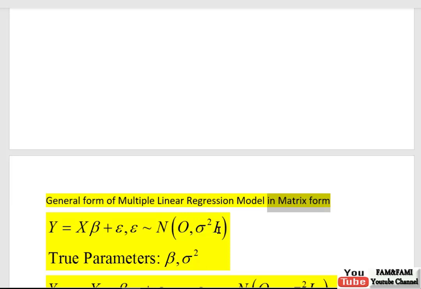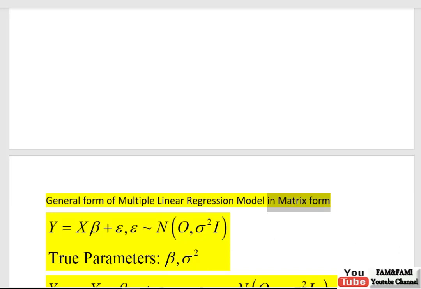And now the question is, what are the true parameters here? All the betas have been replaced by this big beta. So this big beta is a parameter. It is actually a vector containing k components, beta 1 to beta k, and the last one is this sigma square, which is the same as in the previous case without matrix notation. So sigma square is still there, the variance of the error term, but adjacent to sigma square we have this beta vector now. So the beta vector contains k components.